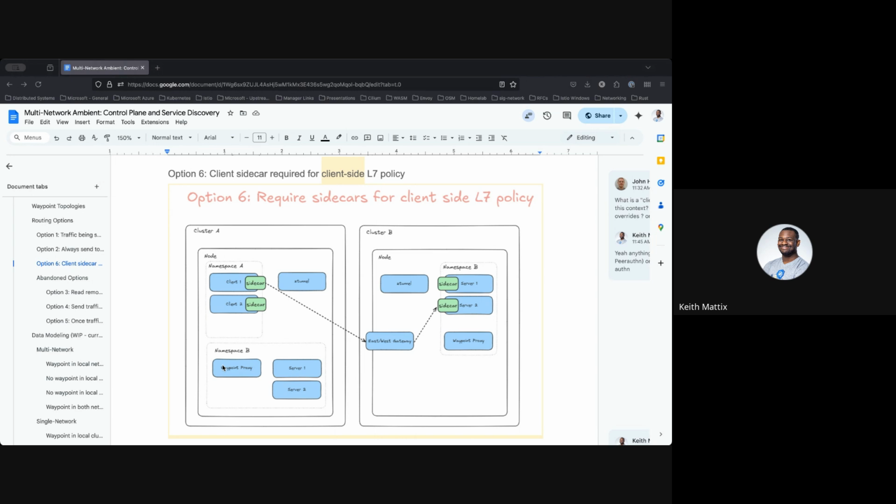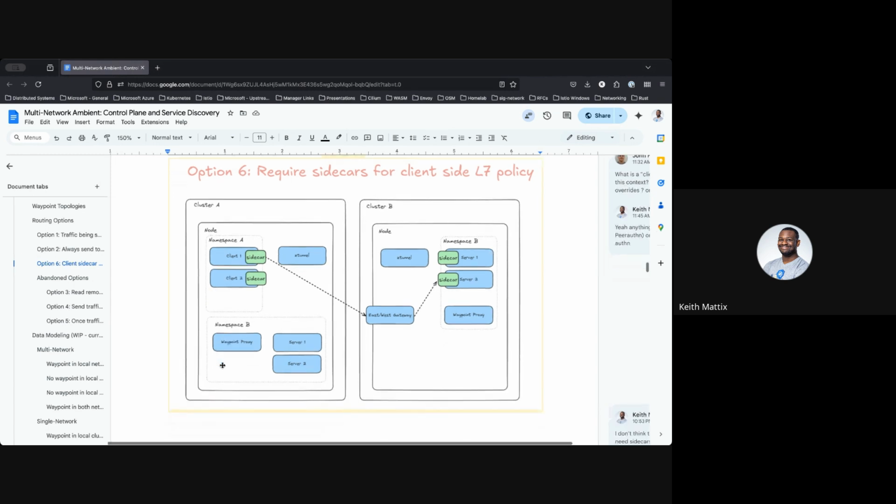Something, another L7 hop in the local cluster that is not a waypoint, doesn't try to be a waypoint, but it's just there to apply that client-side routing. After that routing is done, by the time traffic gets to any waypoint in the remote cluster, it would know that it shouldn't apply any client-side routing again. It's just going to do endpoint selection.